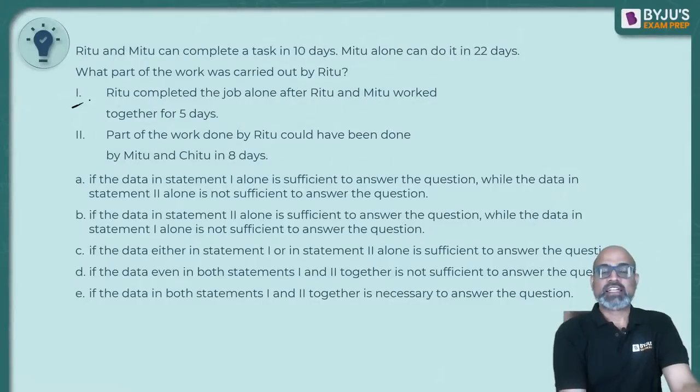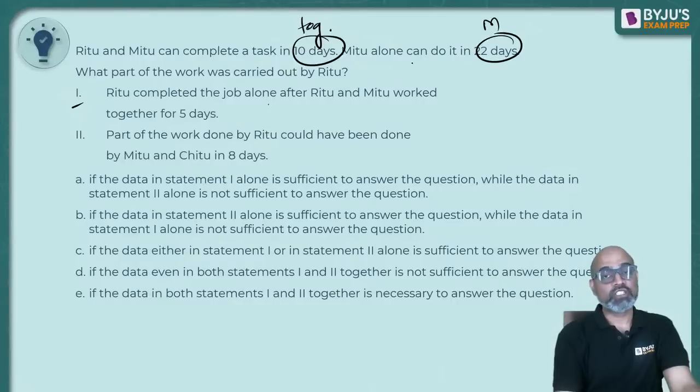Okay. The first statement says Ritu completed the job alone after Ritu and Mitu worked together for 5 days. ठीक है? So they're telling you that Ritu completed the job alone after Ritu and Mitu worked together for 5 days. Okay, so the thing is, I know together, I know Mitu ka alone, and using these two, I know Ritu ka alone also. What is the value?